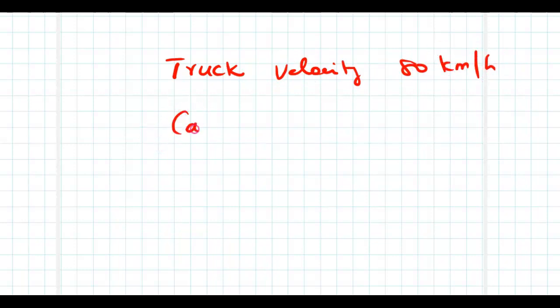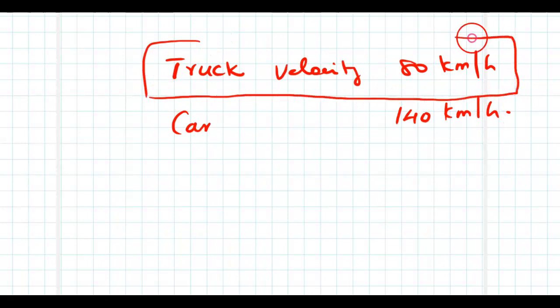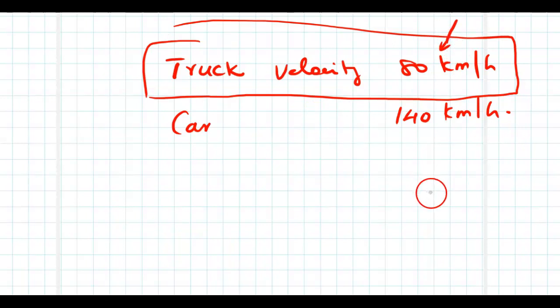on the road, the truck velocity will be 80 kilometers per hour, and for the car, velocity 140 kilometers per hour. So they reduce the speed limit for the truck because it has more mass, so the momentum will be higher.